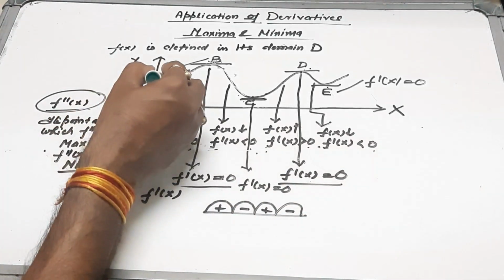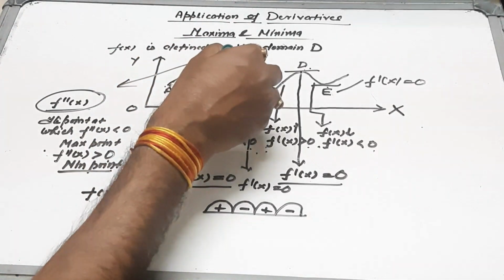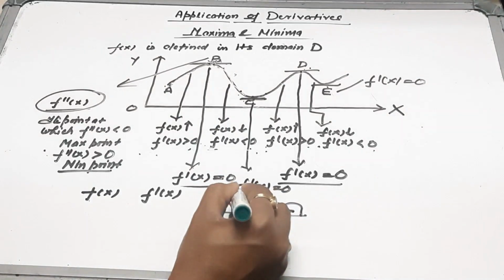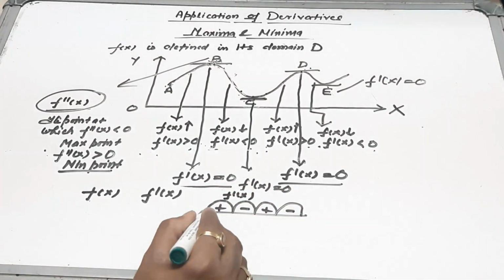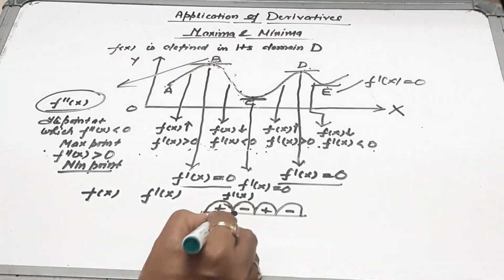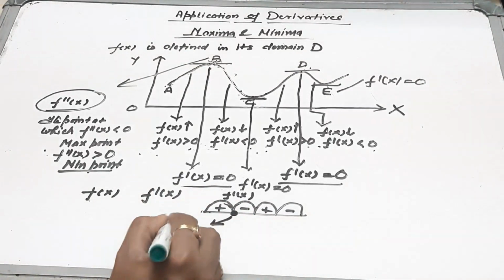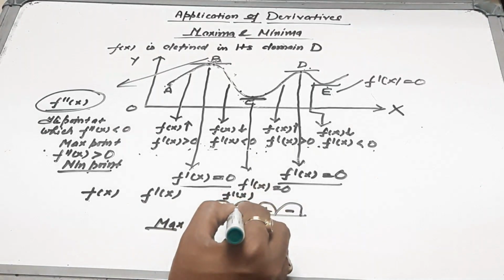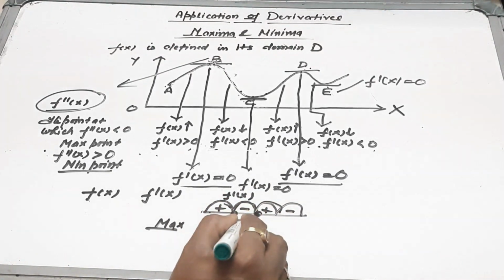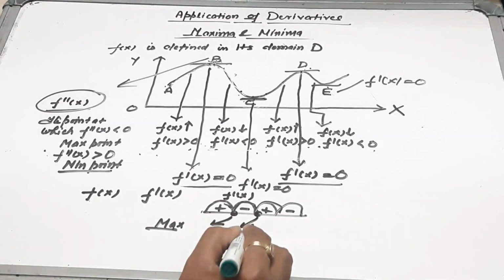From increasing then decreasing you will get maxima. So this is the sign of f dash x: positive is increasing, then decreasing, this point will be the maxima point. And from decreasing then increasing, this point will be termed the minima point.